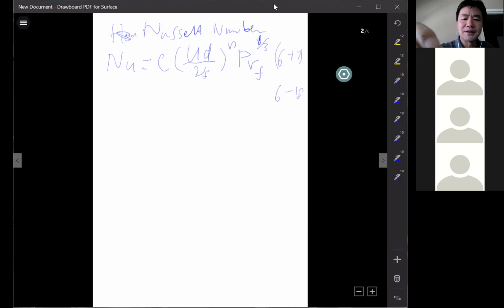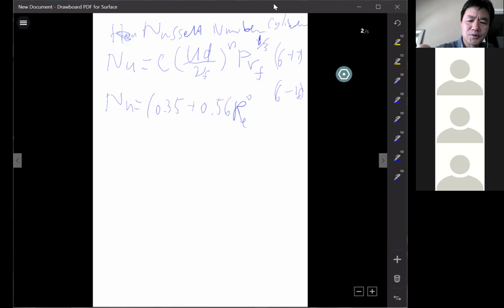These are all for cylinders. For 6.18, the Nusselt number equals 0.35 plus 0.56 times Reynolds number to the power of 0.52 times Prandtl number to the power of 0.3.